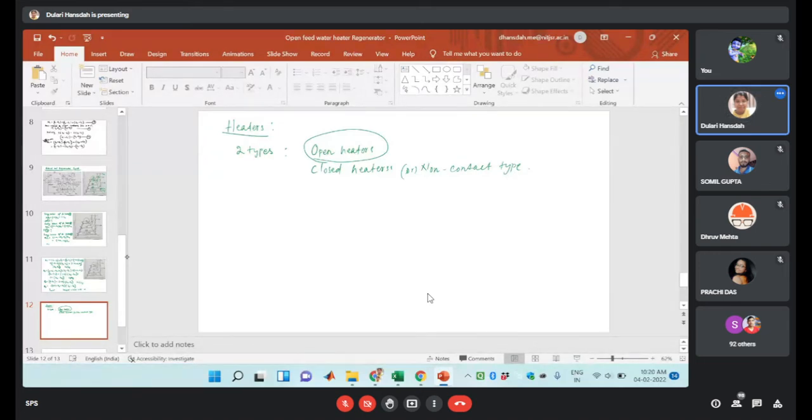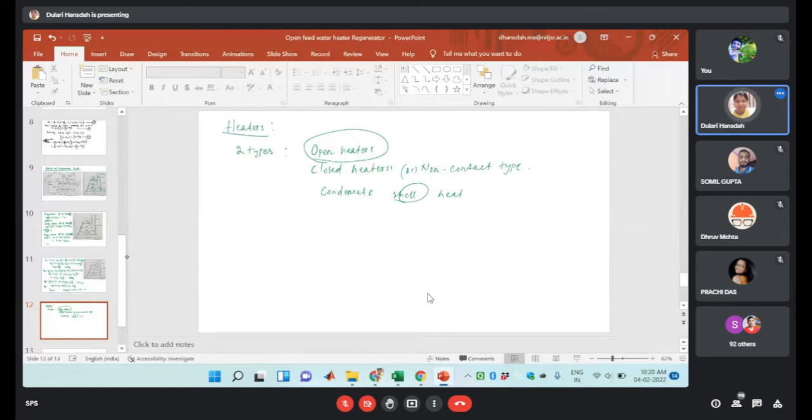Okay, the steam which is losing heat to the feed water will be formed into condensate, and that condensate will be collected at the outer shell. Sometimes that shell is also known as the collector or the heater.